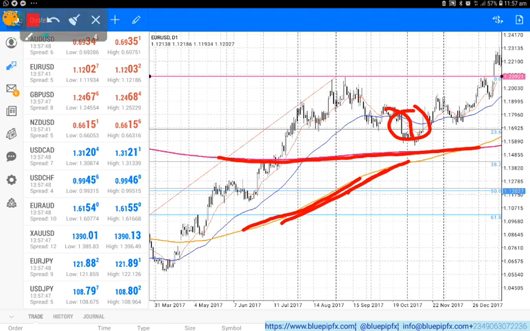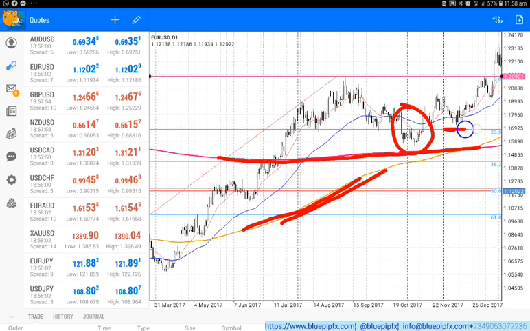Now the 14 crossed over the 50 at that point, and it actually continued down, but because of the position of this 200 preparing to go up, it's not going to last for long. That means the cross is not going to cause a long pull down, and at the same time you see the 23 retracement level waiting for you at that same point, which means it would not last for long as well.